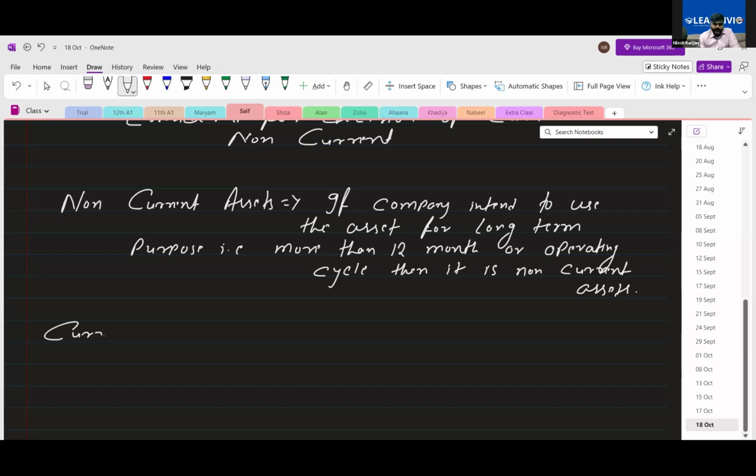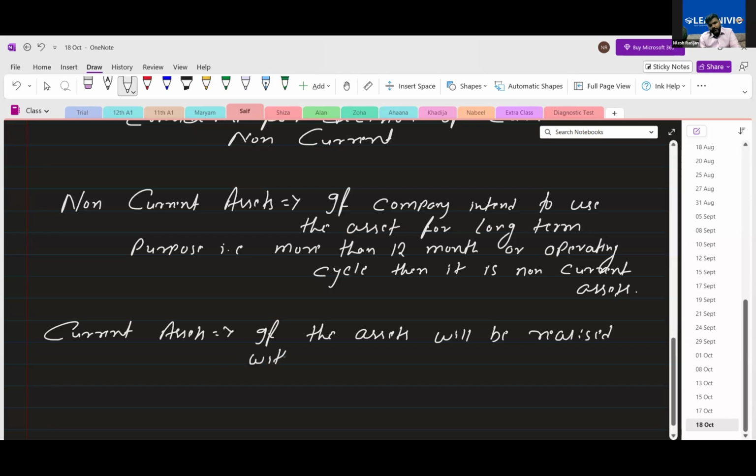And current assets, if the asset will be realized within 12 months, then it is current assets.